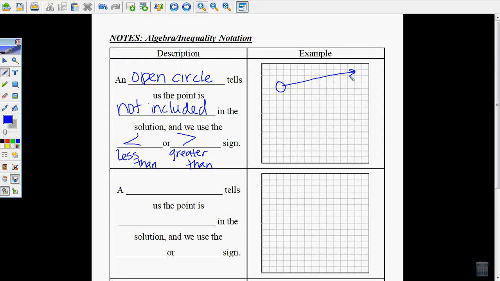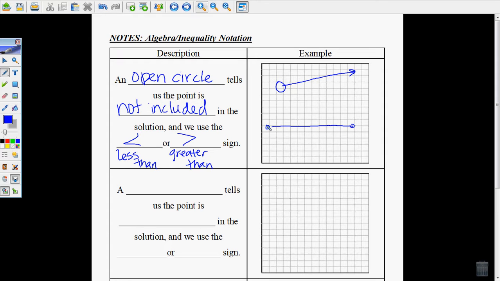Questions, comments, concerns? Another example is that you could have a segment, and on your segment, you have two open circles. That means that the starting and the ending are not included as part of your solution.